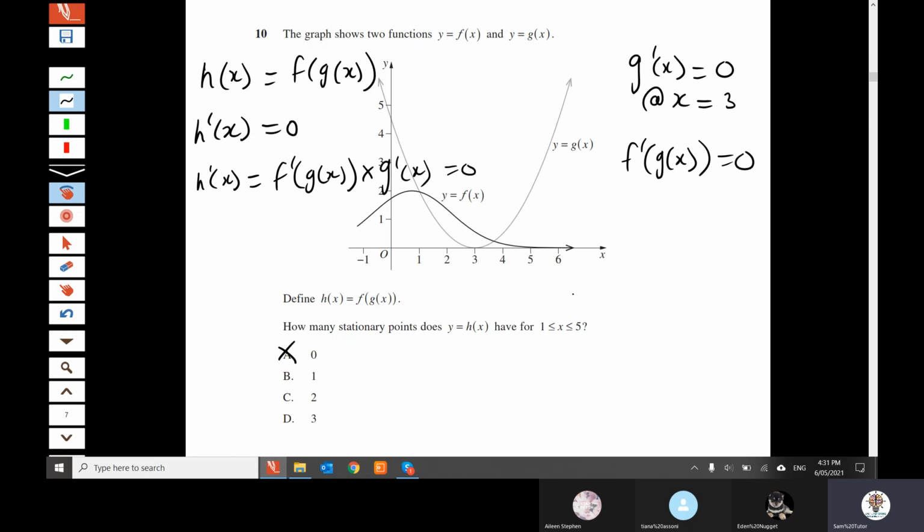F dash of g of x equals 0, and g of x equals 2.